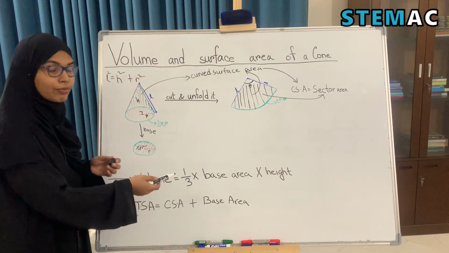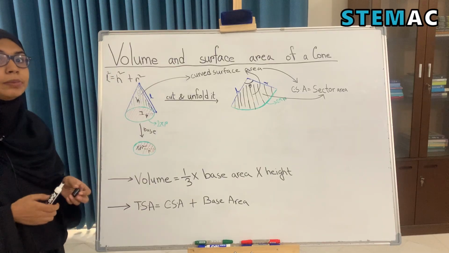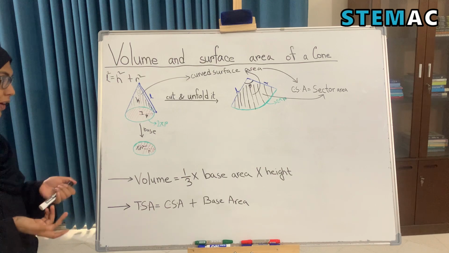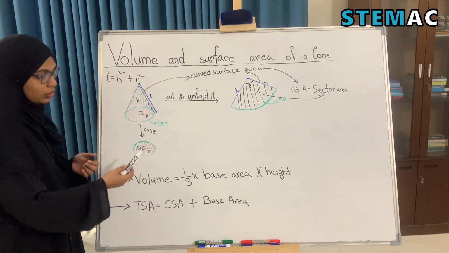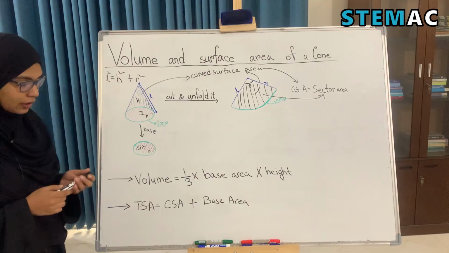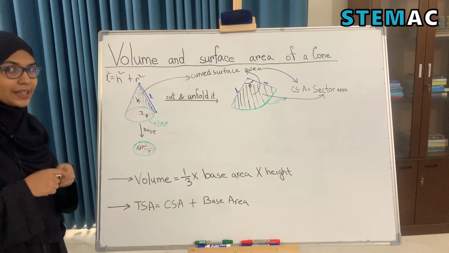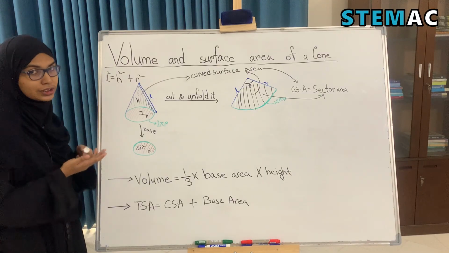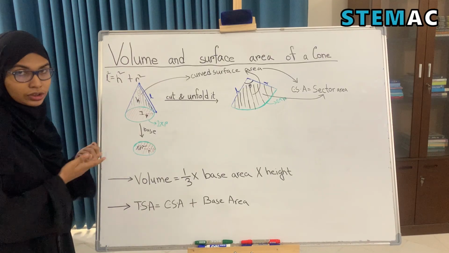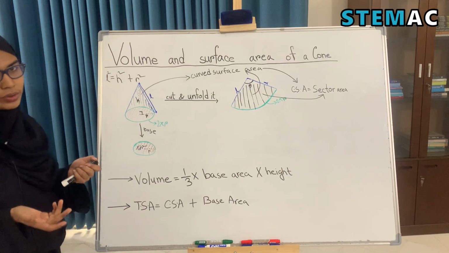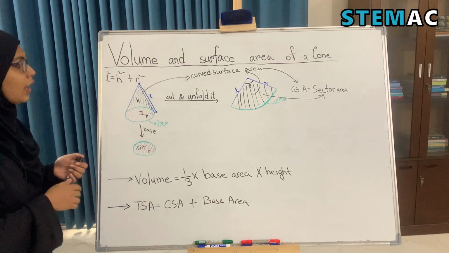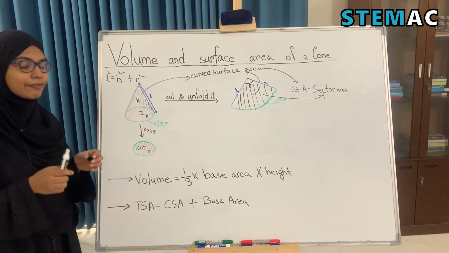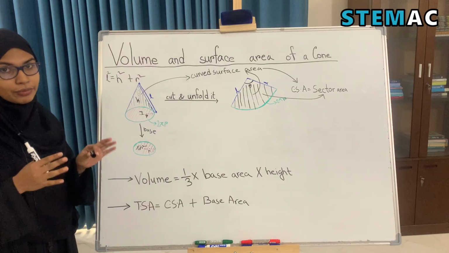Here, by observing the formula, we can find some similarities with the volume for pyramids. In pyramid, the volume was also denoted by this formula, 1/3 into base area into height, but for pyramids the base was not circular in shape, rather it was other polygon shaped, and also for pyramids the lateral surfaces were triangular faces.